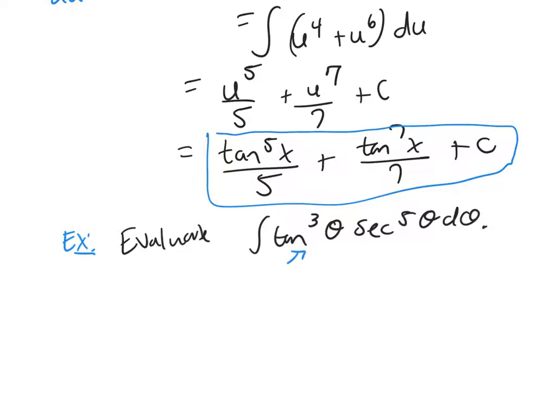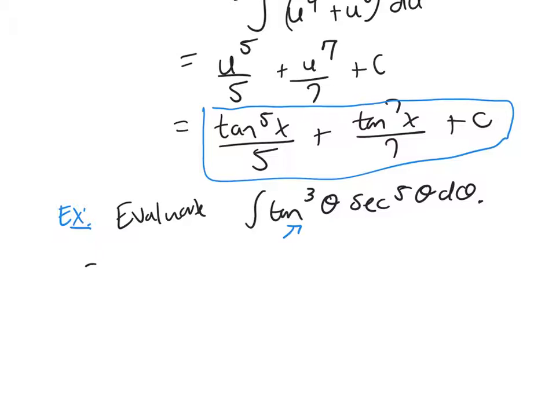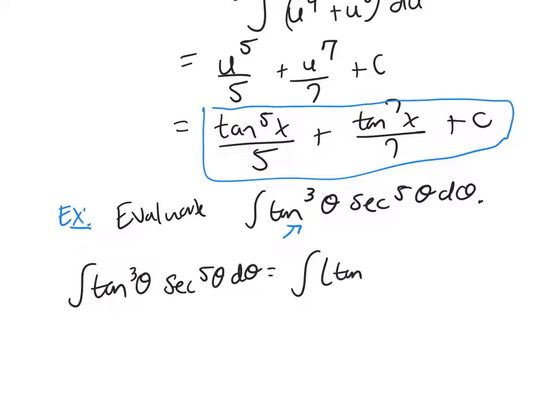So we're going to take our integral and we're going to separate off both a tangent and a secant. So it'll be tangent squared secant to the 4th. And then off to the side, we'll have a tangent and a secant.